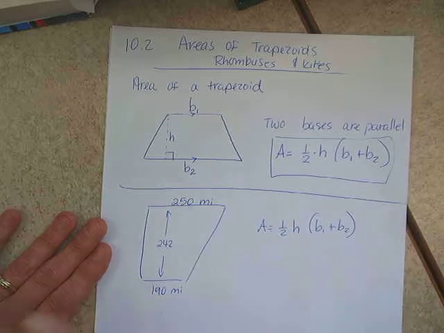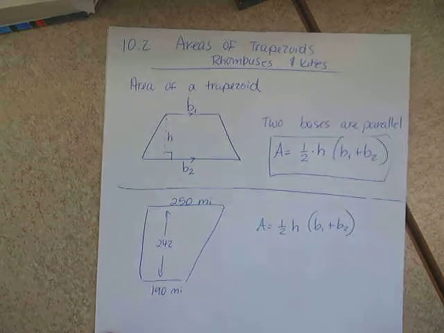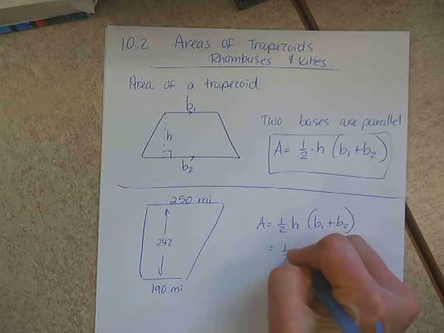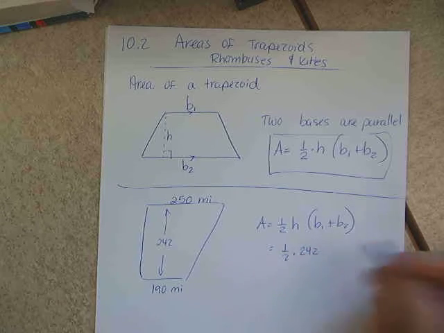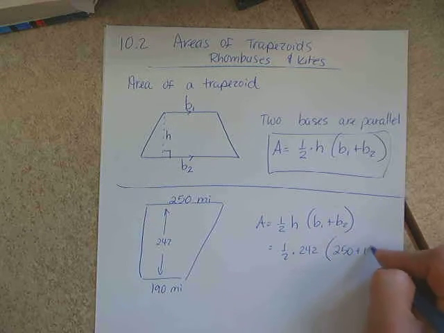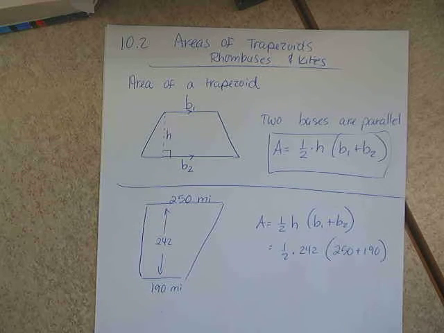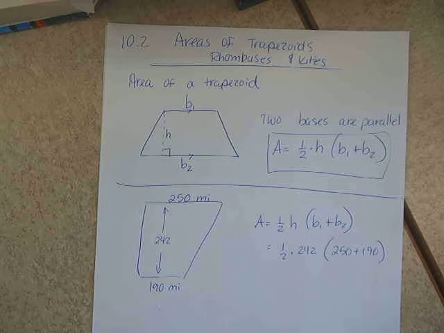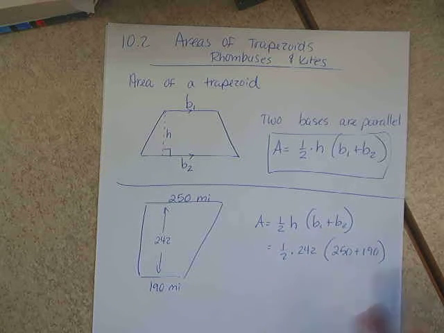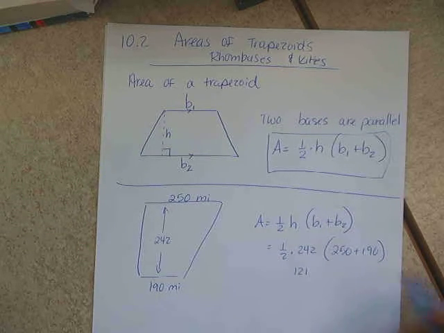Again, I want to make sure you are writing the formula down first. That's the only way you're going to get full credit for these. It does also help you start to remember what the formulas are the more you write them down. So it's plug and chug. We have 1/2 times 242 times 250 plus 190. It's easy right here.